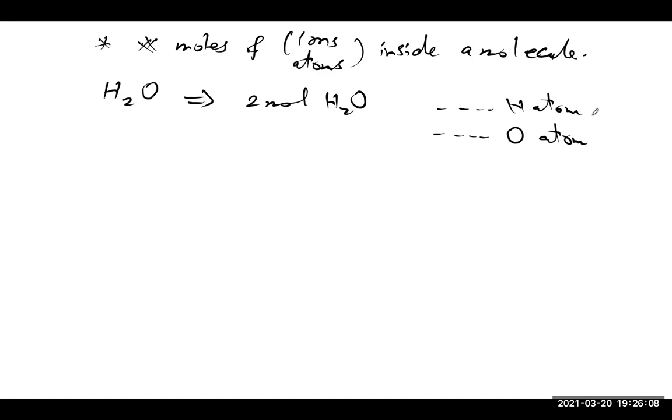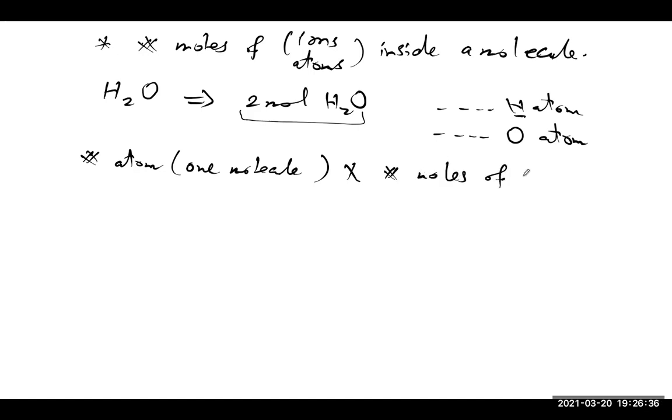Here he asks about the number of moles of only one component of the molecule. It will be an atom or an ion, and he gives you the number of moles of the molecule itself or the compound itself. So we only need to multiply the number of atoms found in one molecule times the number of moles of the compound.